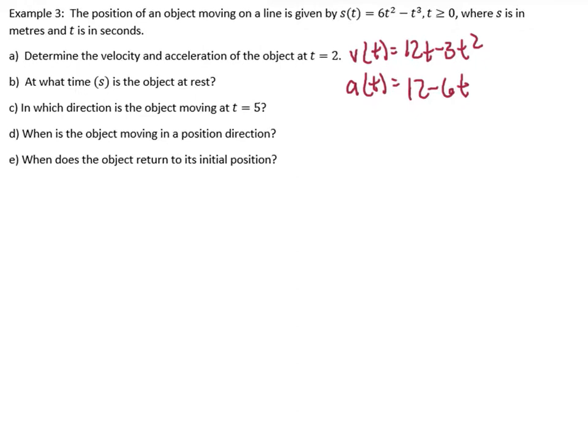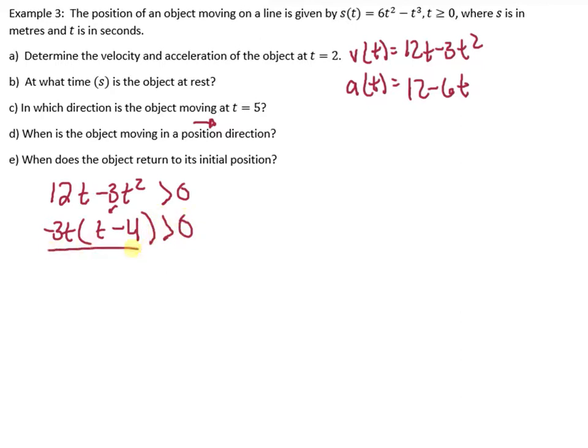So I just copied and pasted the question and then wrote the velocity and acceleration. When is the object moving in a positive direction? If we're talking about a positive direction, we're talking about velocity, so when is 12t minus 3t squared greater than 0? Let's factor out that negative 3t again, and we'll be left with t minus 4.